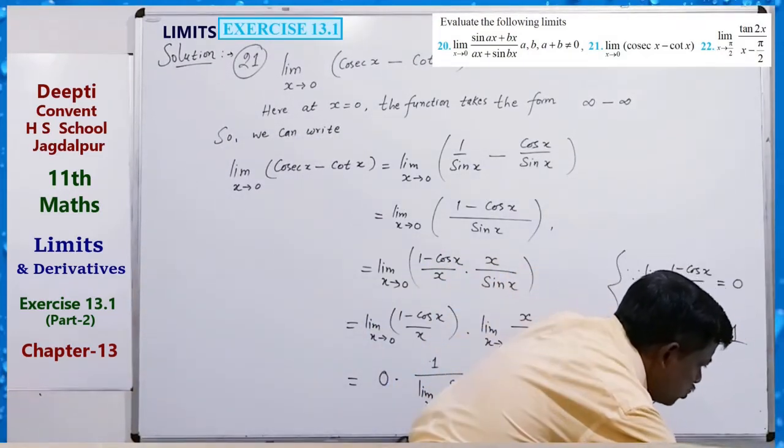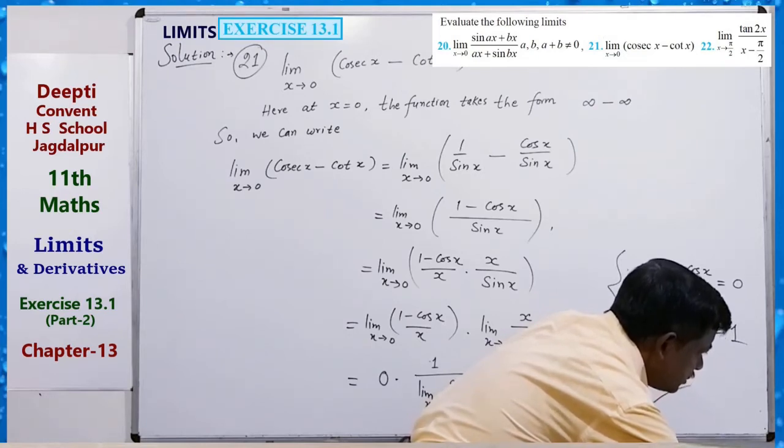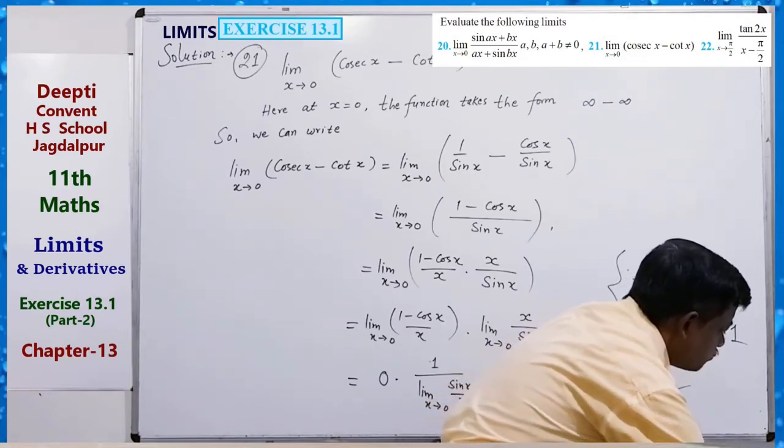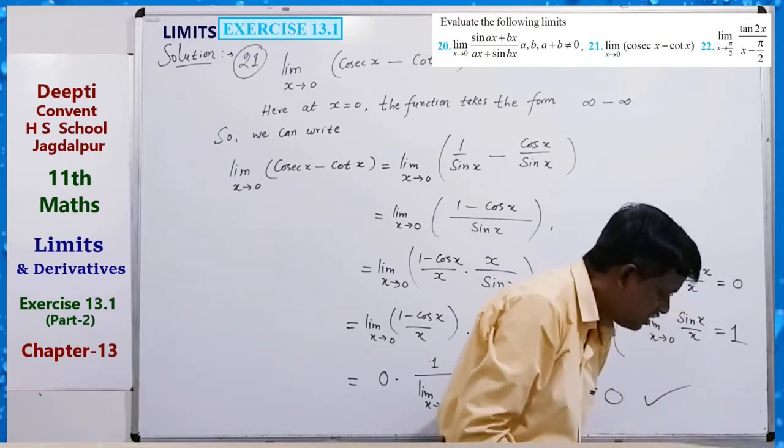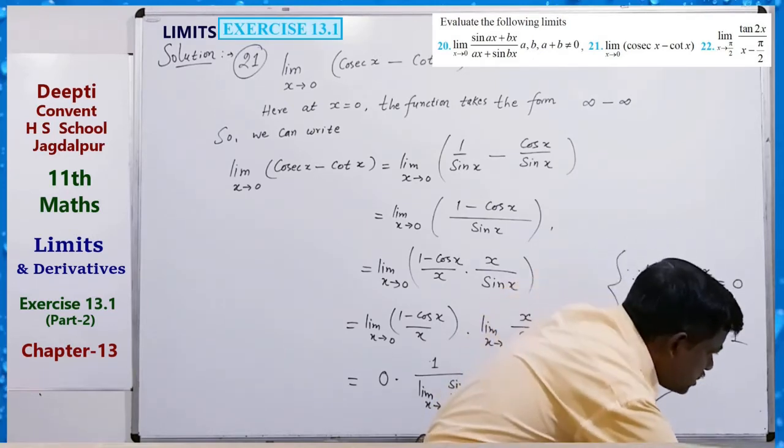Now 22. Question 22 is tan x by x minus pi by 2.